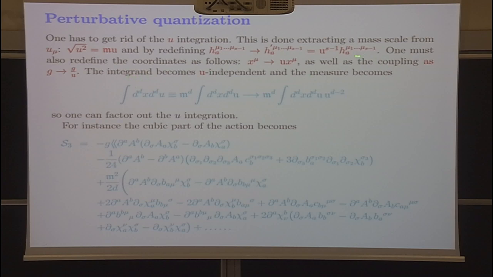And we redefine the fields, the coordinates, and also the coupling. If we do this, we can factor out the integration over U, because the integration over U reduces to this. It's an infinite constant, of course, but this is not important; we divide by another infinite constant and get rid of it. And here is an example of the cubic term. There is also a quartic term. There are many other terms, of course.